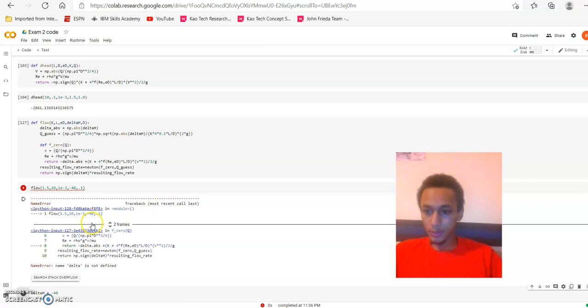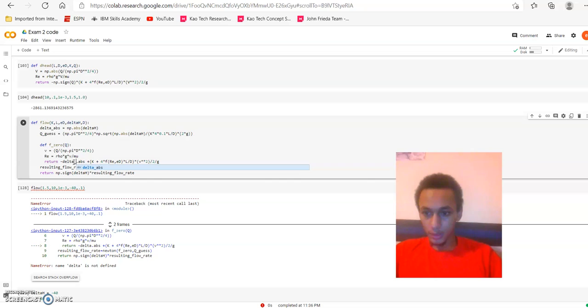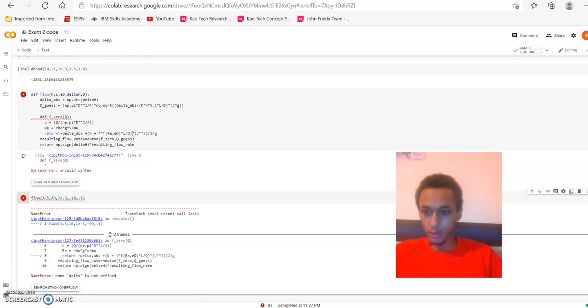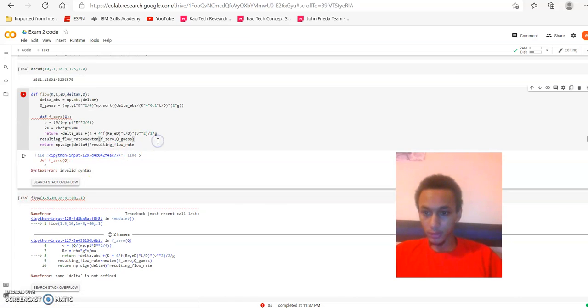And now it says, of course, delta ABS isn't defined. And it isn't. I shouldn't have that. This should just be delta ABS. Invalid syntax.